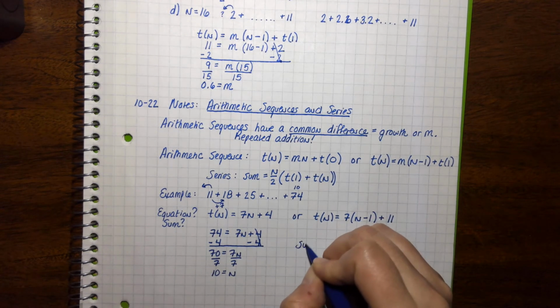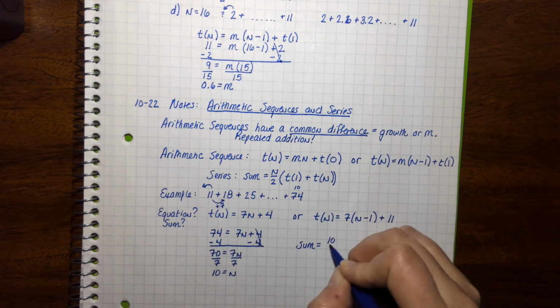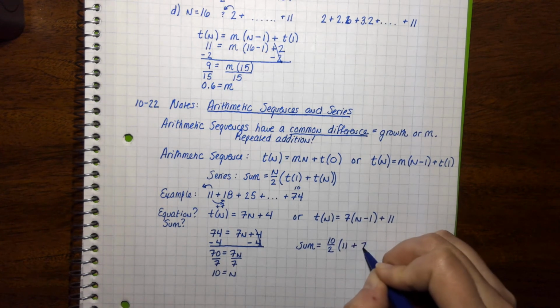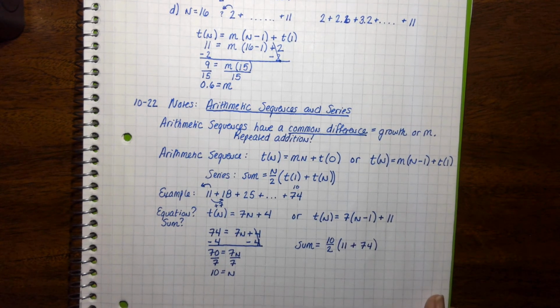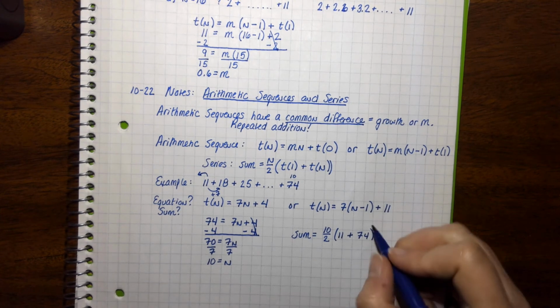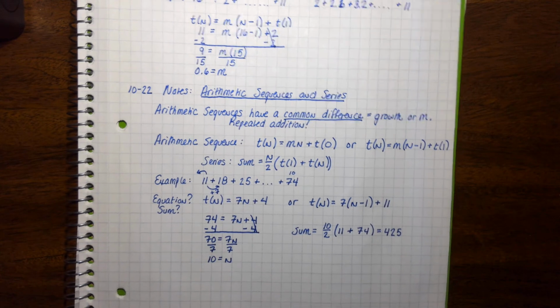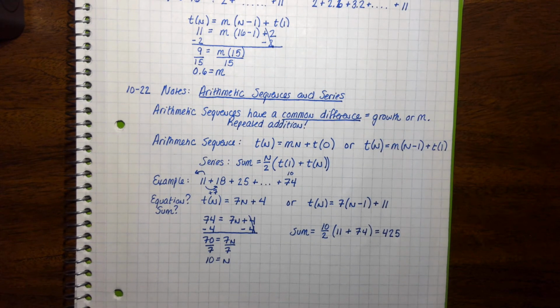Okay, sum equals 10 over 2 times (first number plus last number). Okay, which equals 425. Okay.